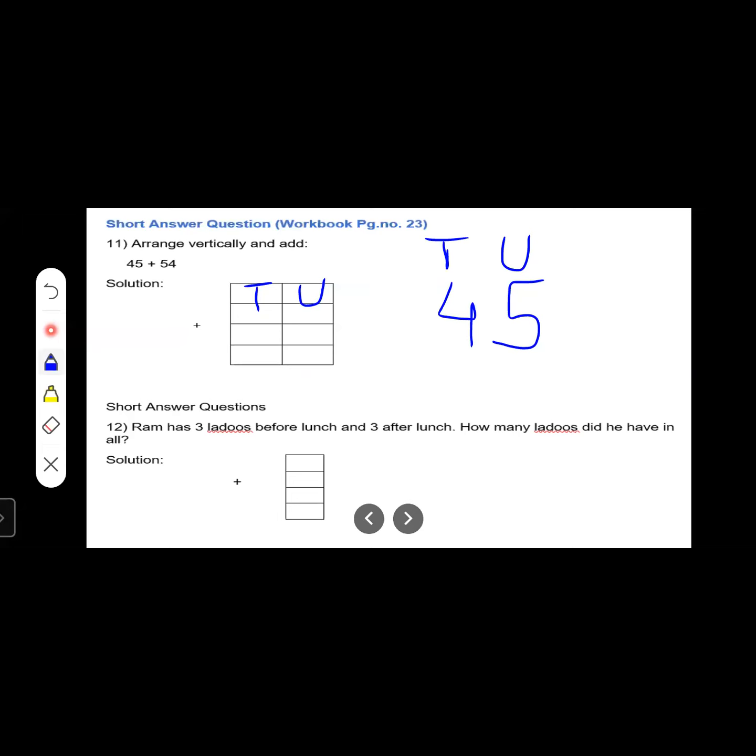Then tens will go with tens and the number which is in the units place will go with units. So 4 we will write in the tens place and 5 we will write here in the units place, 45. First number we have arranged.